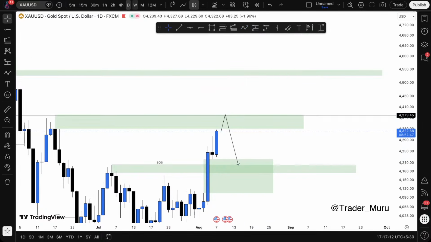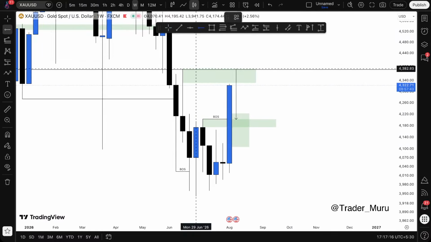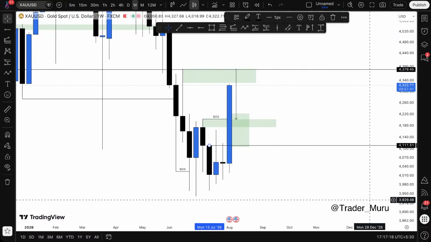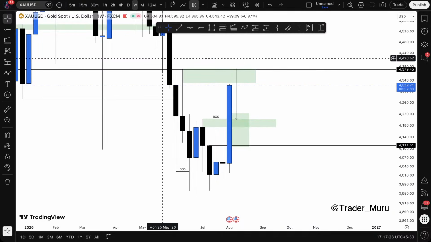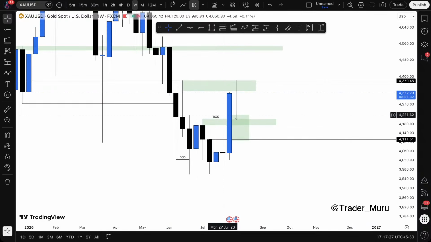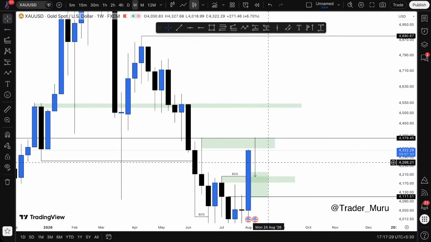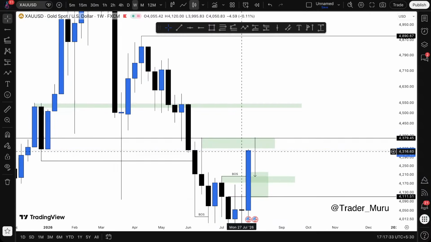Today we have a weekly closing, and the weekly closing should be below the area of 4111, otherwise gold will be bullish. Weekly structure will be bearish, but the momentum will change. So price can go upside if we have a weekly closing above 4111.